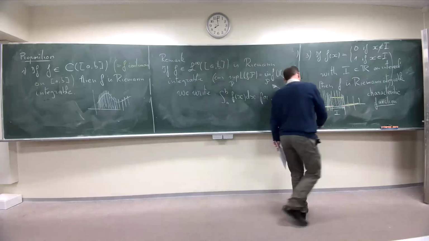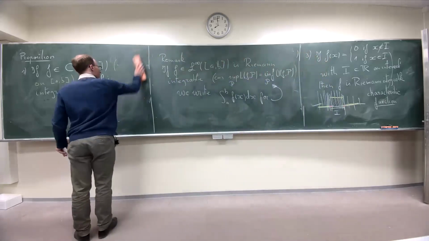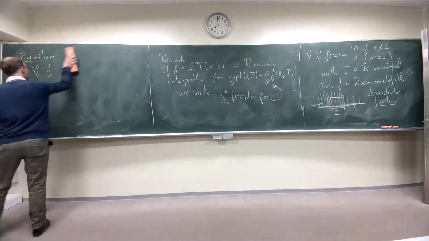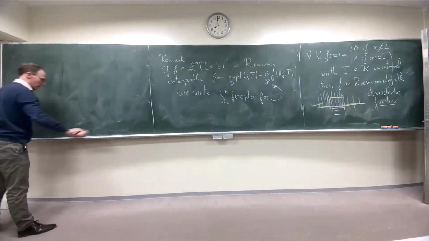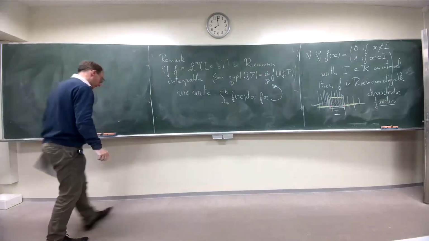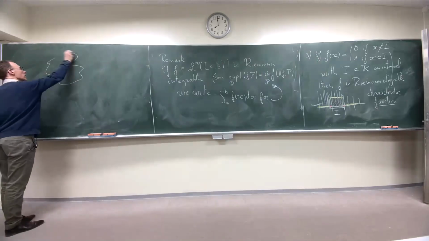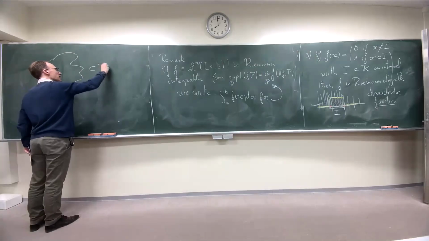Okay, I will not start the new section right now. Let me just give you a flavor of what we are going to do next week. This is a reminder about Riemann integral. Now, in the next section, I would like to say this is a subset of R^n.